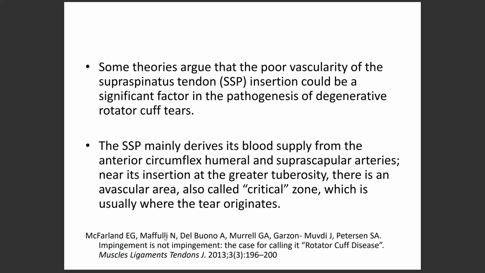This critical zone may have many shapes: it may be a crescent shape, a hemispheric shape, or a sail shape. But in most cases, it is crescent shaped. So the most common shape of this critical zone is crescentic, while very rarely it may be the sail shape, and even less often the hemispheric shape.